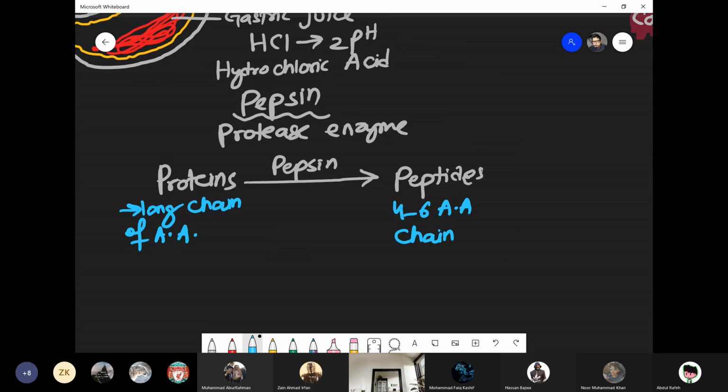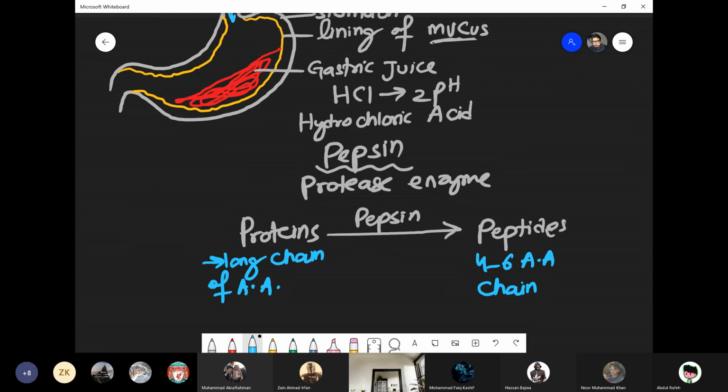So the long chain of amino acids is broken down into small chains of amino acids with the help of the pepsin enzyme. Understand? Yes, sir. And the next thing is that the optimum pH of pepsin is 2. So the pepsin enzyme works best at 2 pH. Understand?